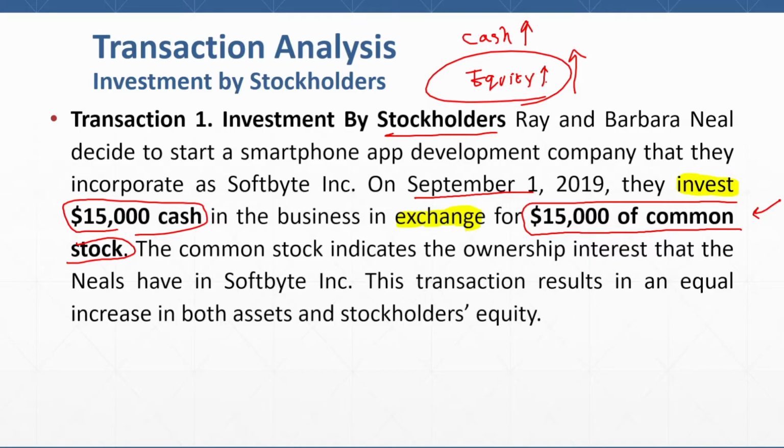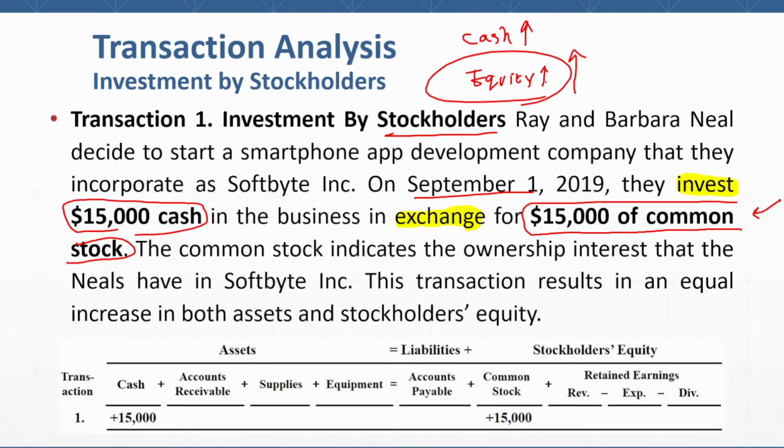How this transaction affects our accounting equation. So here, this is our accounting equation, assets, liabilities, equities. As you can see, assets, there are some components inside the asset group. I told you these are called groups of accounts. So here, cash is an account, equipment is an account, supplies is an account.